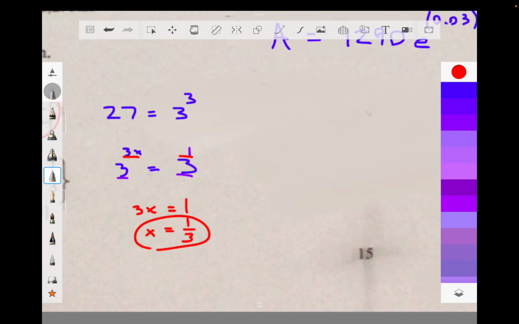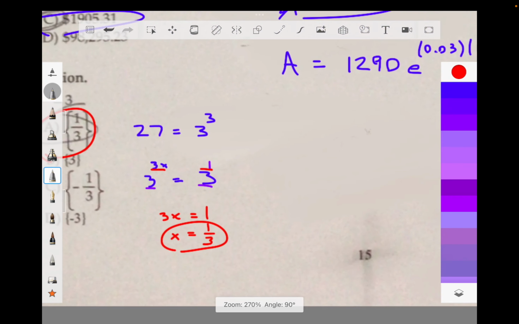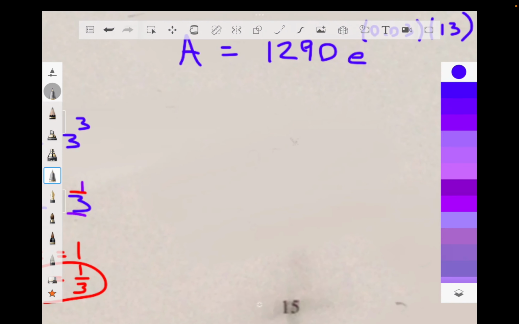Again, if I had something like 16 to the x equals 2, 2, 4, 8, 16, yeah.